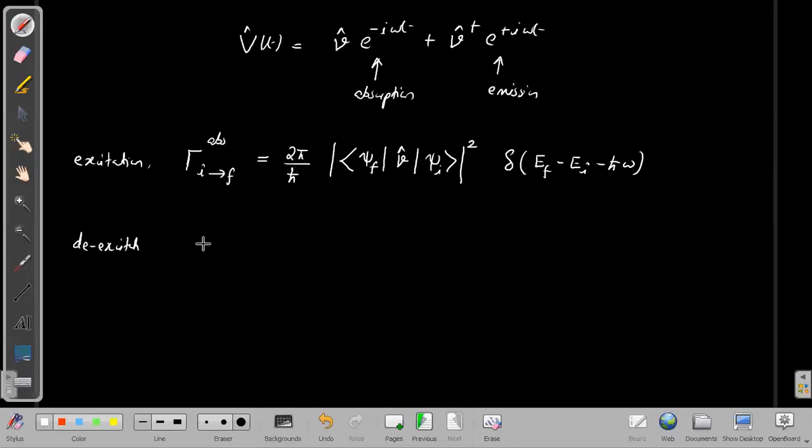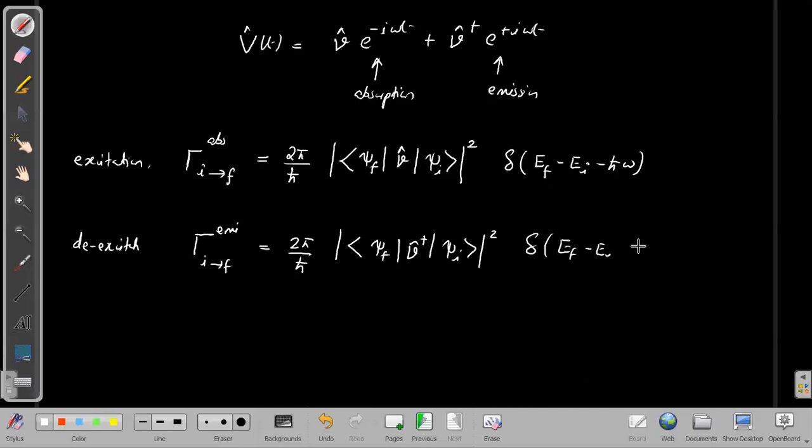And what about de-excitation? De-excitation is also referred to as emission. So energy would be emitted, i to f. What would that expression be? That would become 2 pi by h cross, the mod square of the inner product of psi f, v dagger, psi i, mod square, the Dirac delta function of E f minus E i plus h cross omega.